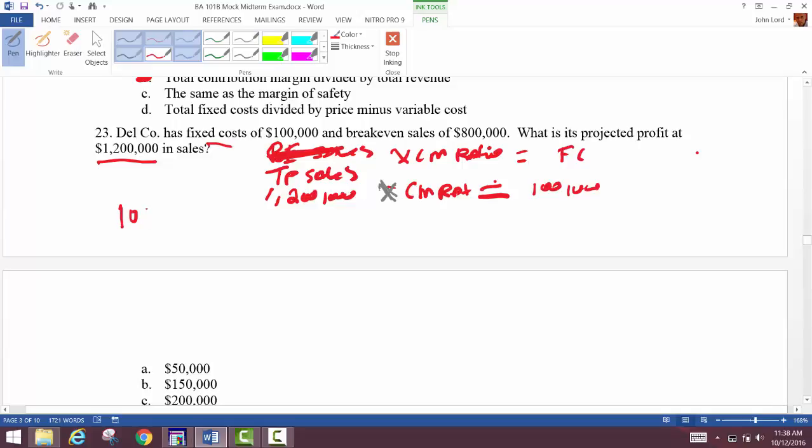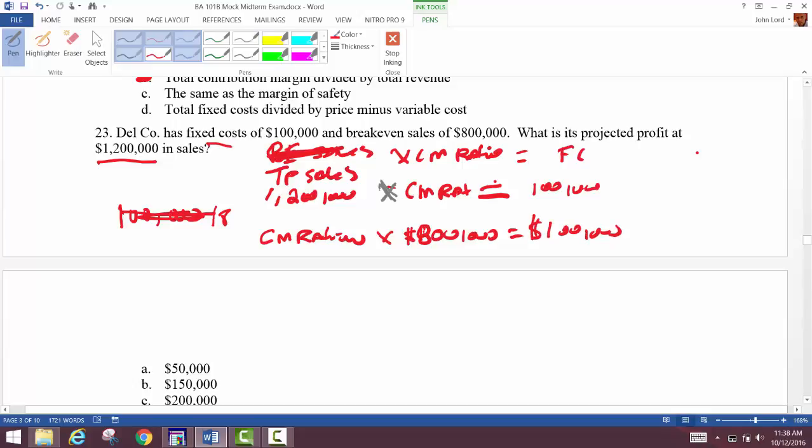And so if I have fixed cost of 100,000 and my break-even sales were 800,000, that means that my contribution margin ratio times my break-even sales of 800,000 had to equal 100,000, right? Which is my fixed cost.